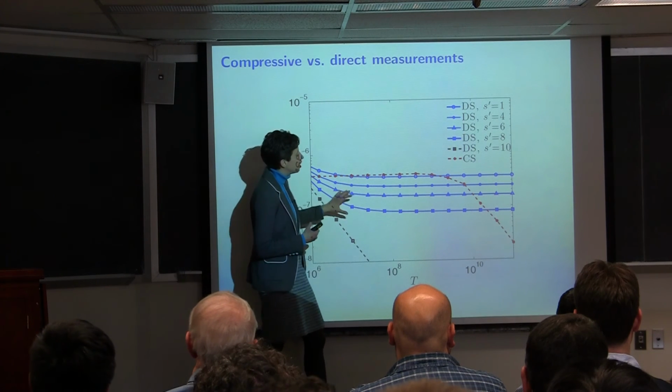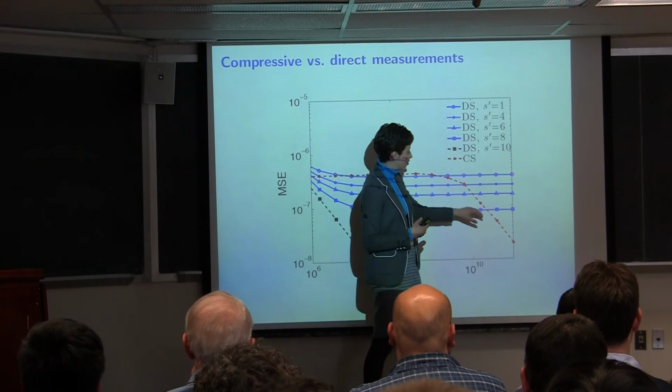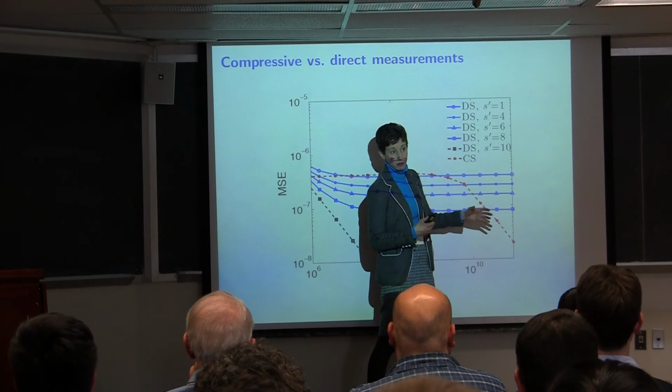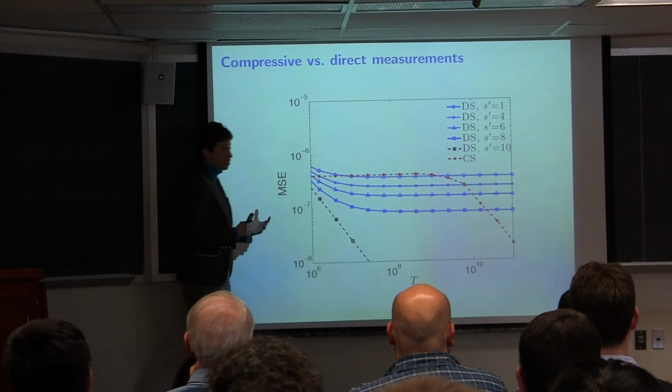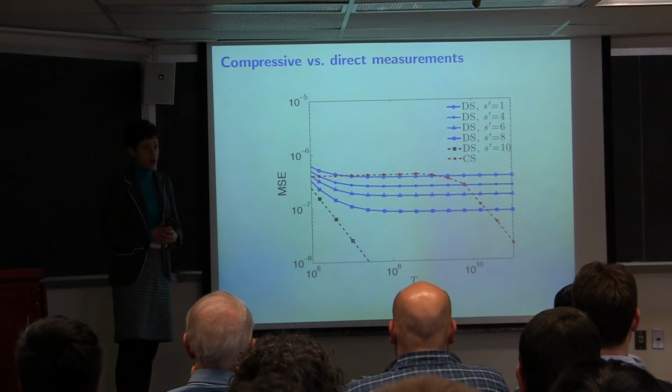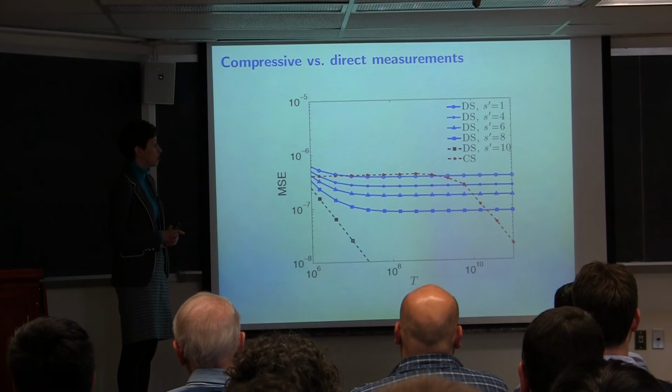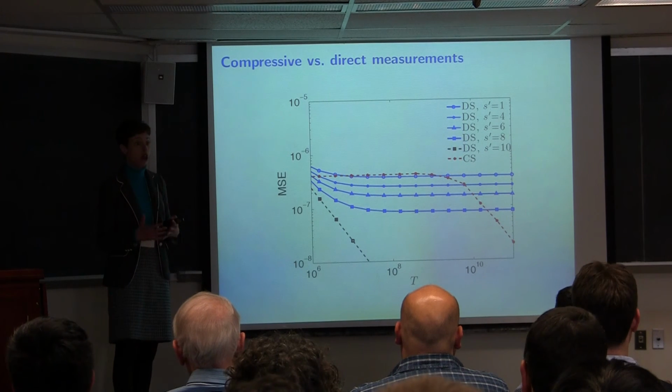You don't really get better mean squared errors via compressed sensing until your light levels are very high. This, as I said, goes against a lot of the conventional wisdom for compressed sensing, and I think has some important implications for how we should think about building hardware.